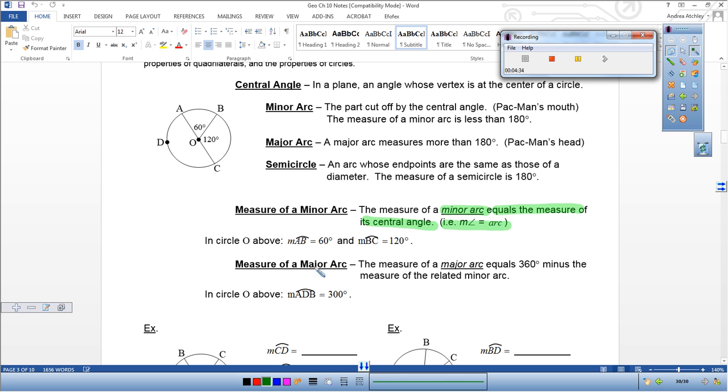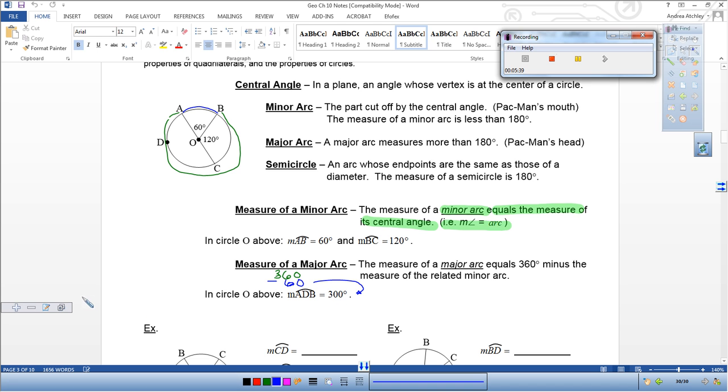The measure of the major arc equals 360 minus the measure of the related minor arc. So in this one, you can just take 360 and subtract the part that's not included in that arc, minus 60, to get 300.